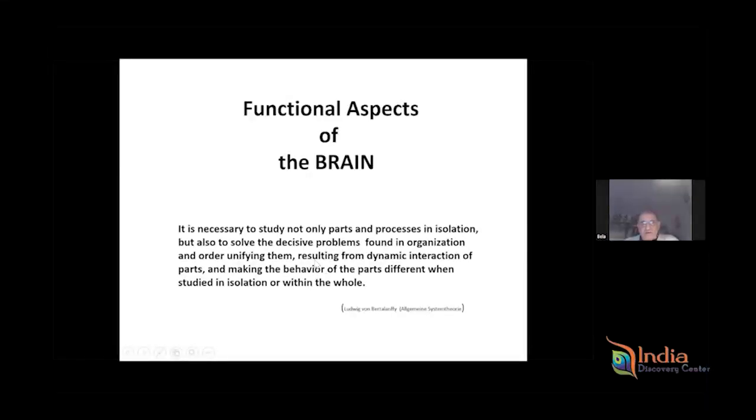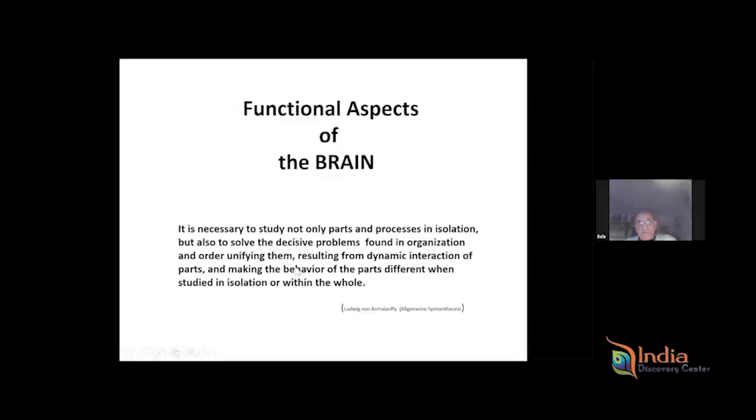So if I turn now a little bit to the functional aspects, how the brain functions, I think it is worth citing this Bertalanffy sentence: it is necessary to study not only parts and processes in isolation, but also to solve the decisive problems found in organization, unifying them, resulting from the dynamic interaction of parts and making the behavior of the parts different when studied in isolation or within the whole.